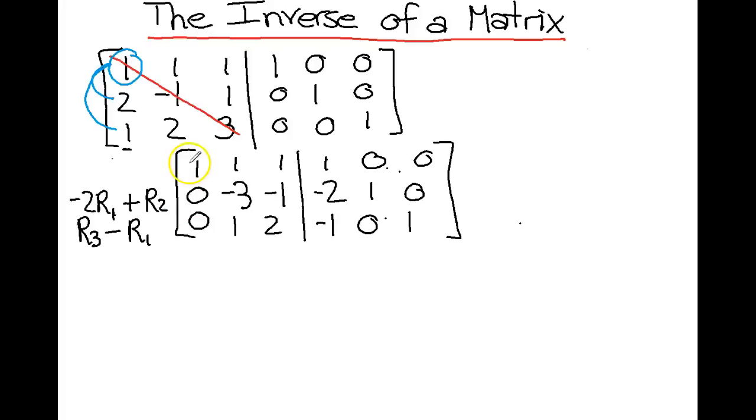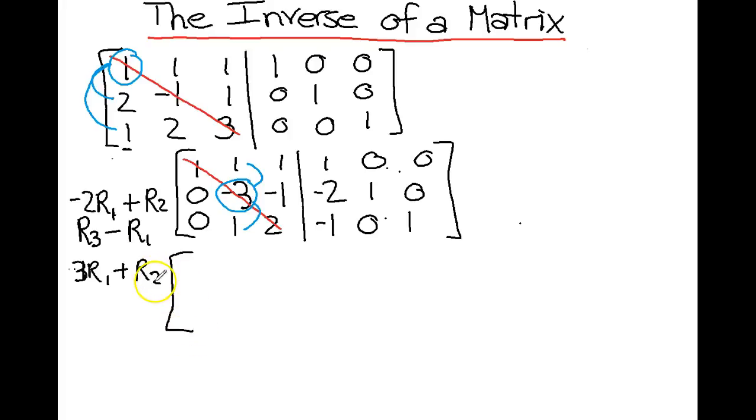Now I can concentrate on clearing out the zeros above and below the diagonal in column 2. So I'm going to use that -3 to get rid of both of those 1s. How am I going to do that? I'm going to multiply row 1 by, well, maybe not a negative, a positive 3, and add it to row 2.